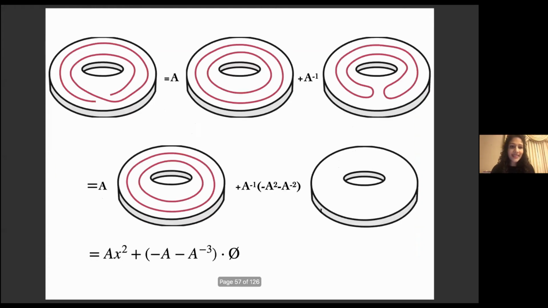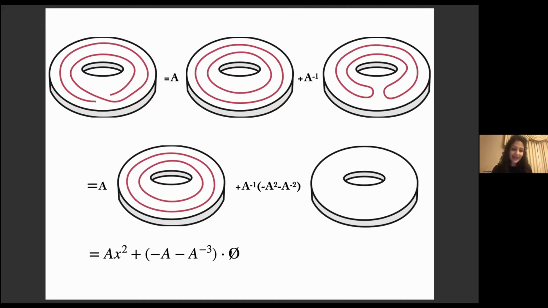So this is an example of a skein, an element in the Kauffman bracket Skein module of the thickened annulus. We have this link in the thickened annulus, and then using the Kauffman bracket Skein relation, we can resolve this crossing. Then using the trivial component relation, we can resolve this component.